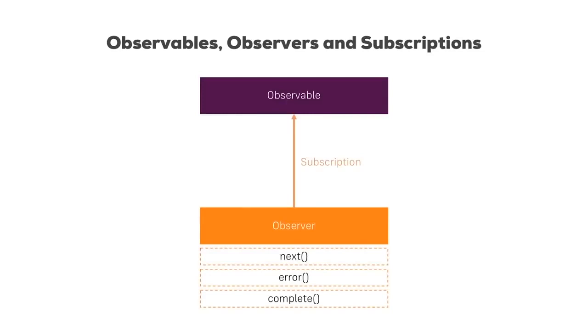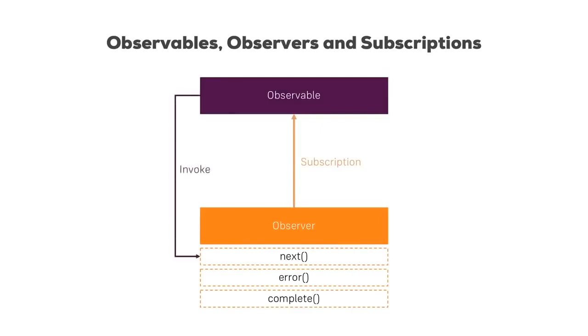Now, we called next on the subject in the last lectures, and the subject is kind of the observable, you could say, but it's the observer who then does something upon the next call in that subscription callback we passed, right? That first argument we passed to subscribe, that is the logic we want to execute whenever next is executed on the subject, so to say.